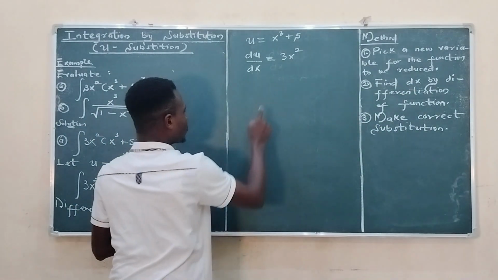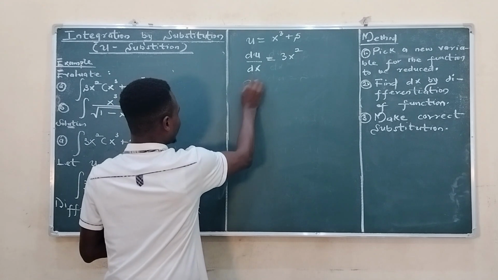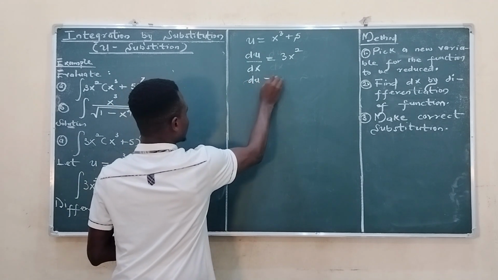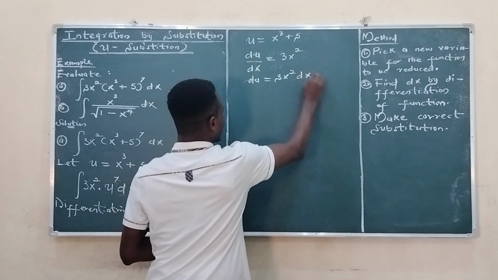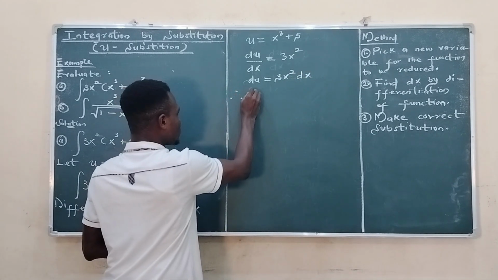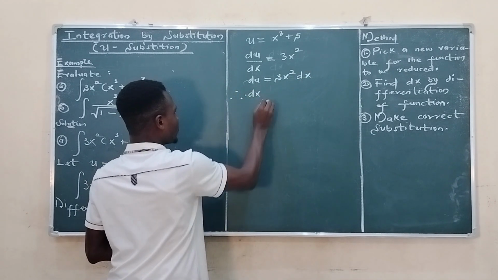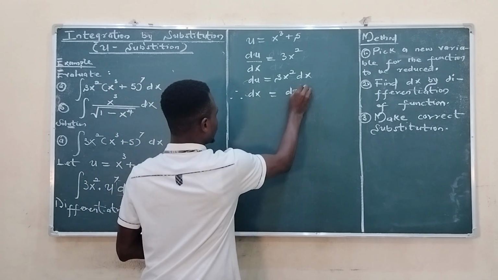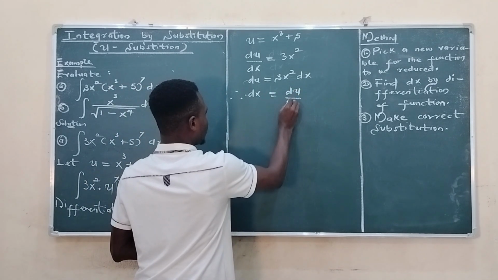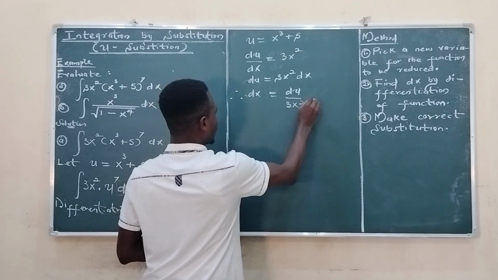When we cross multiply, we have du equal to 3x raised to the power of 2 dx. Therefore, since we are looking for dx, dx is equal to du all over 3x raised to the power of 2.